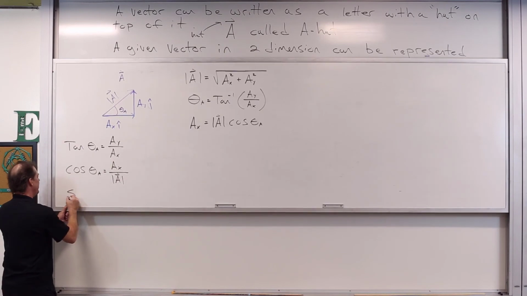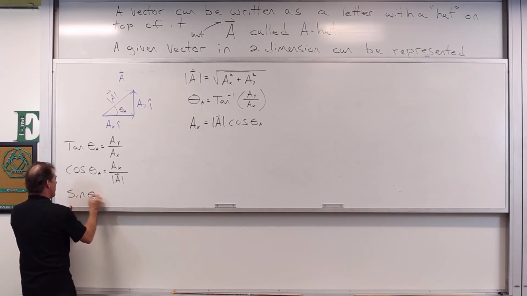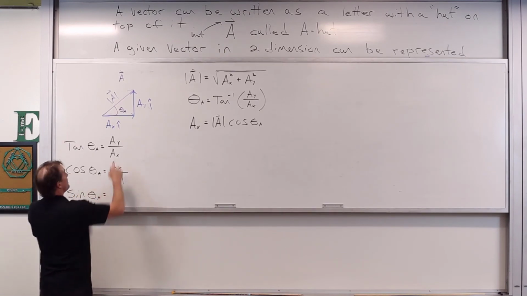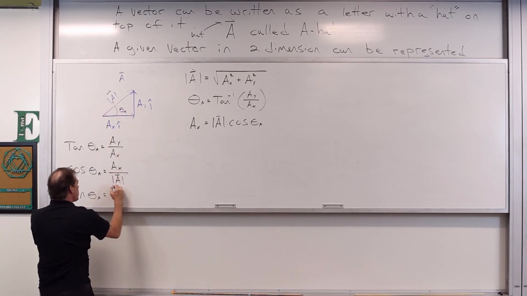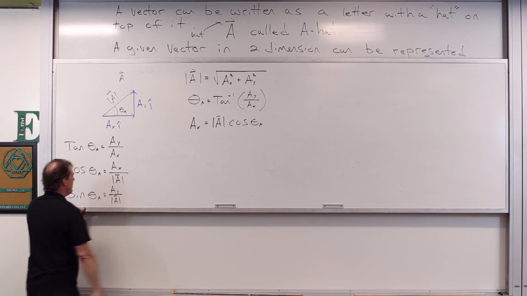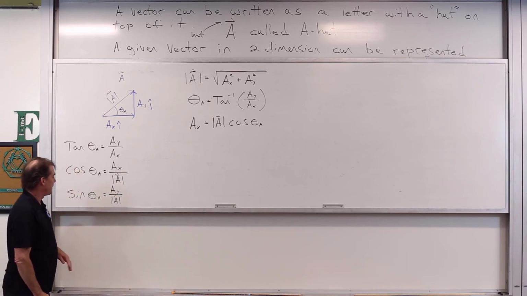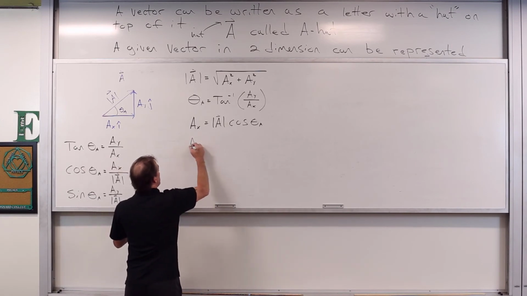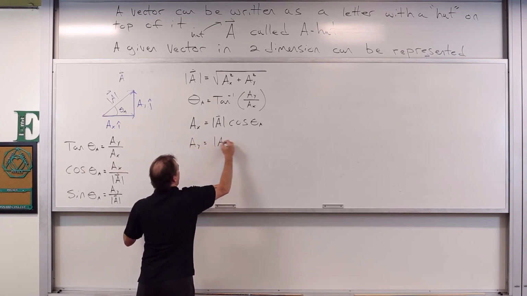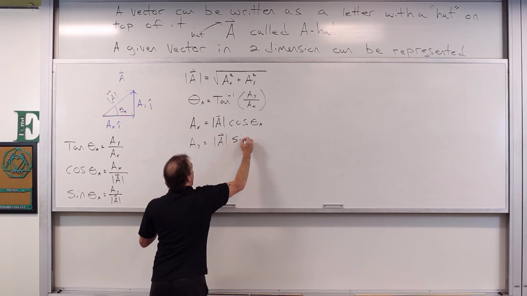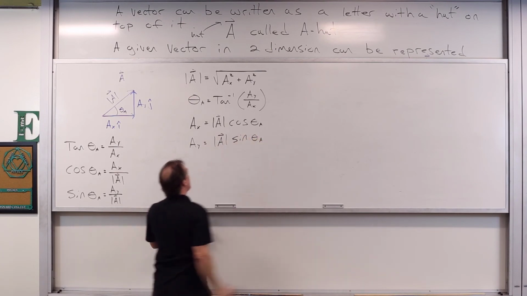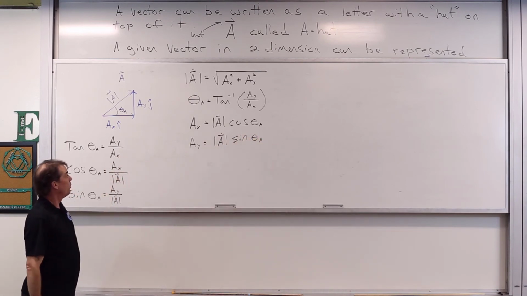And lastly, the sine of theta sub a is opposite over hypotenuse, a sub y over the magnitude of a. Again, multiply both sides by the magnitude of a, and we get that a sub y is equal to the magnitude of a times the sine of theta sub a. And there we go.